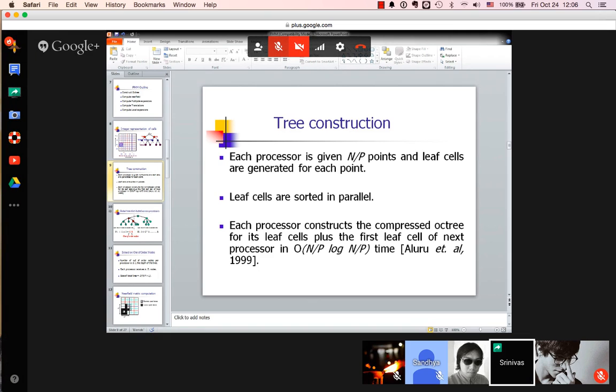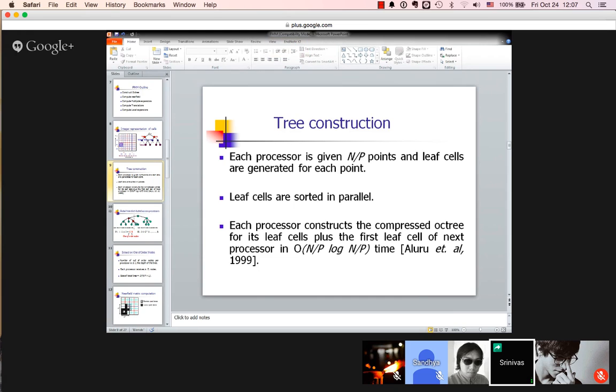Okay, let me answer that. In the beginning, when you load the particles such that each processor has n over p points per processor, you have no understanding of where these points are. So you end up arbitrarily loading them. Each processor has n over p arbitrary points. The first step would be to do a parallel sort by running a parallel sorting algorithm.